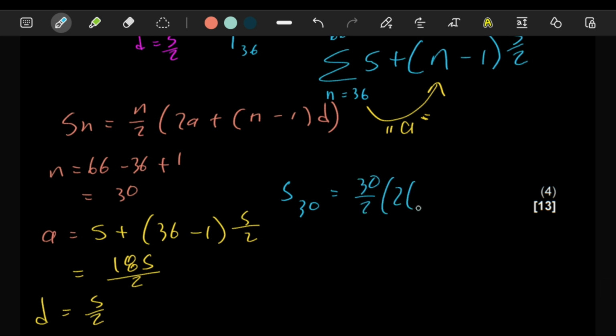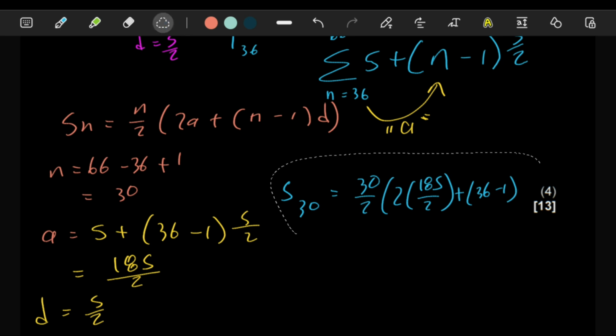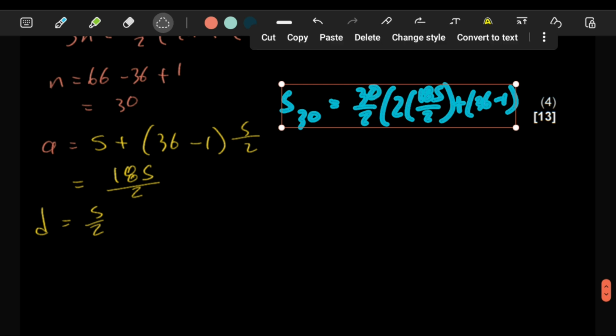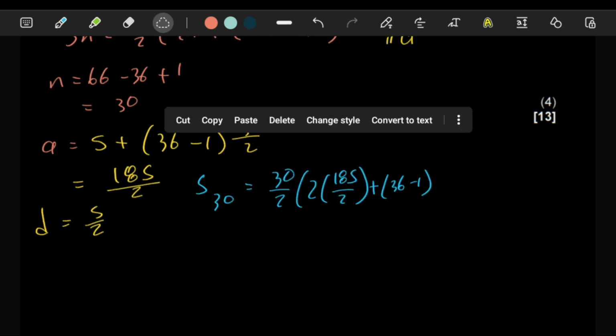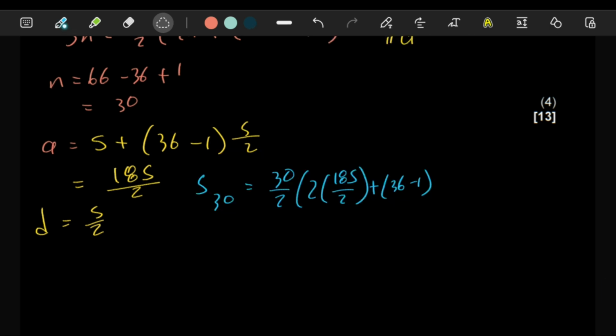30/2, 2a. What is a now? A is like 185/2. And then n, what is n now? N is like 36 minus 1. What is d? Hey, let me see here. D. What is it now?